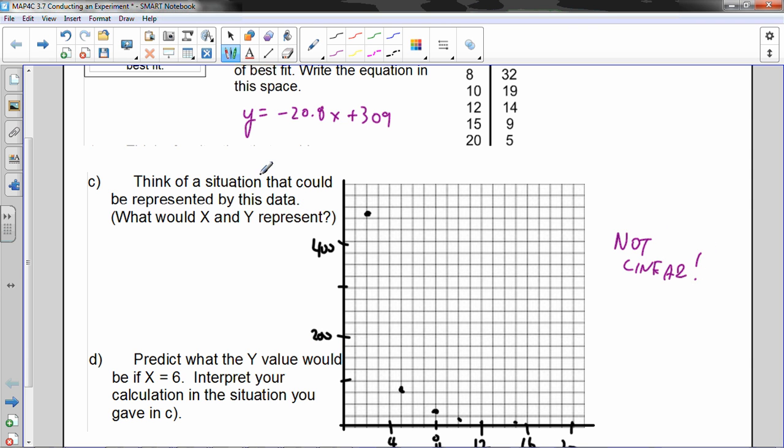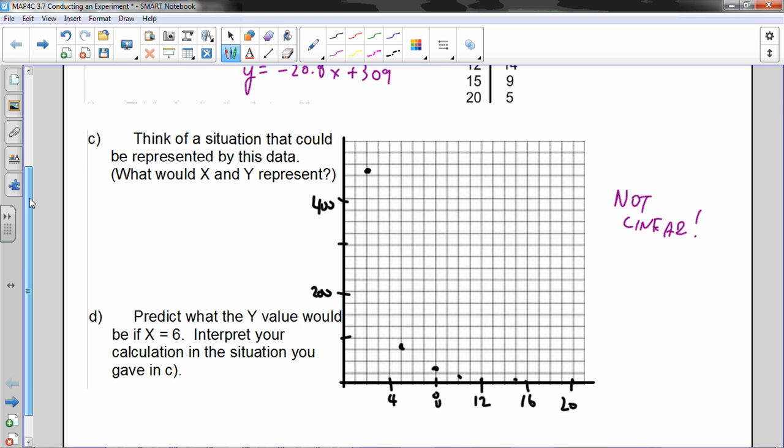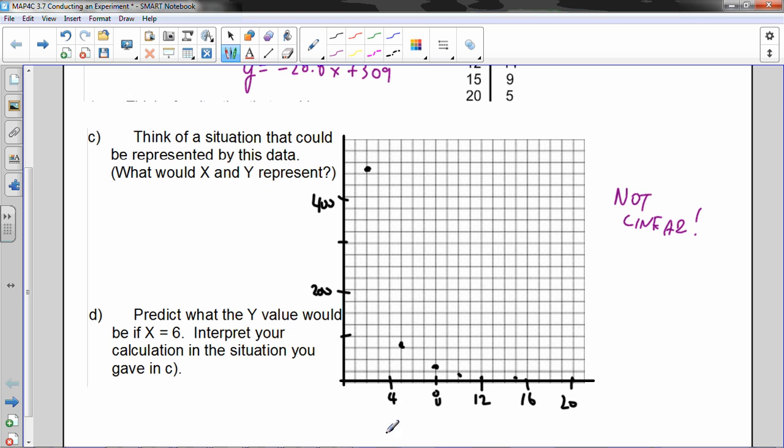But that's okay. Think of a situation that could be represented by this data. We want to think of what this variable should be so that when it goes up, the output goes down by a lot. My favorite one is if x is the number of workers, and the output is hours to complete the job.